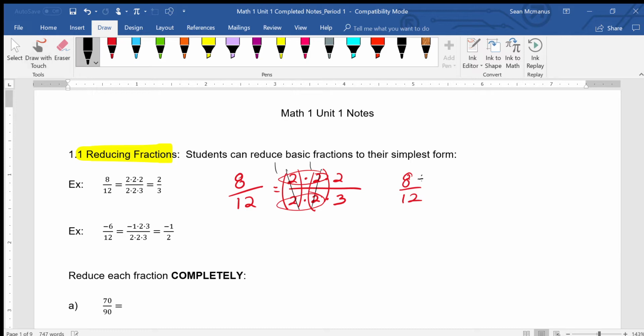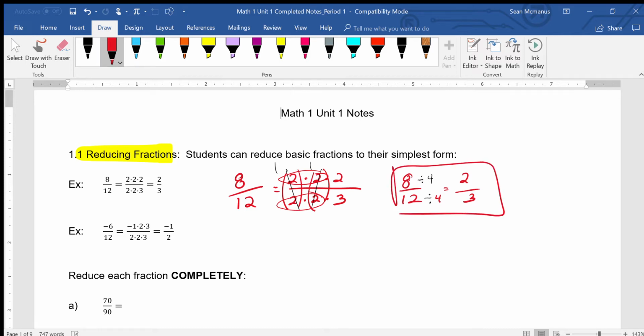So 8 divided by 4, and the denominator, 12 divided by 4. 8 divided by 4 is 2, and 12 divided by 4 is 3. We're going to use this method because it's a lot faster than writing out all of the individual factors for the top and the bottom. But I did think it was important to see why that works.